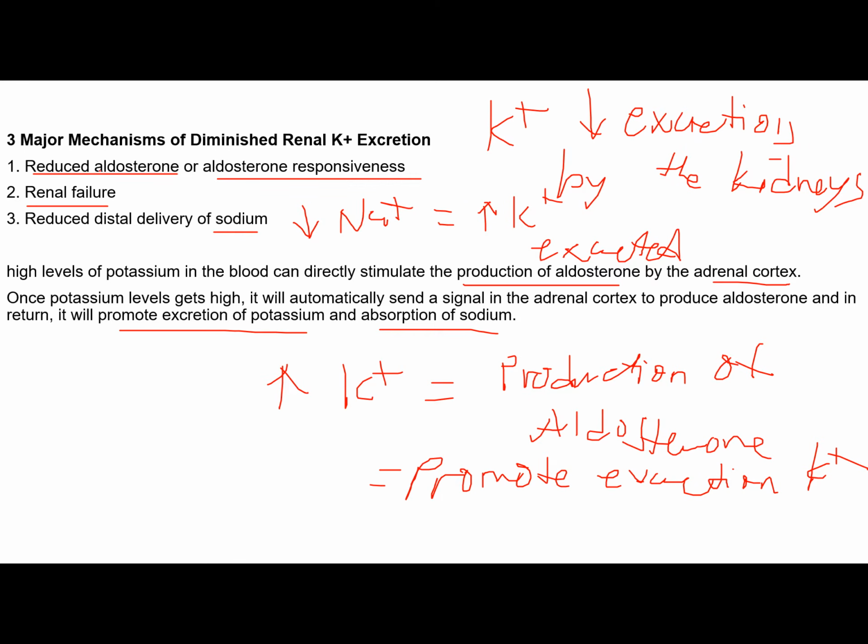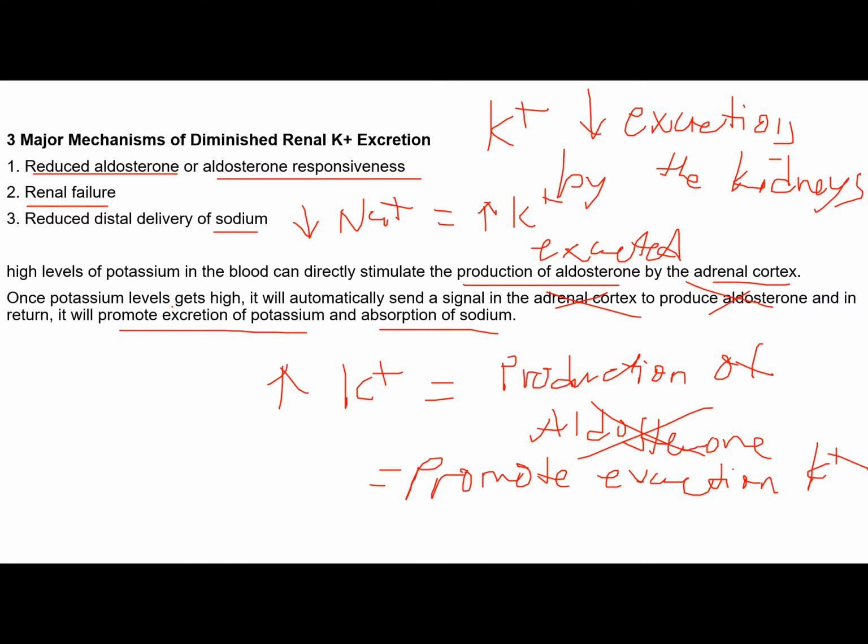But as mentioned here, if your aldosterone is reduced or not responding, let's say none is produced, your potassium is high. Let's say you have a high potassium in your body, the body sends a signal to the adrenal cortex to produce aldosterone. But sadly, there's a problem with your adrenal cortex. When you have a problem with your adrenal cortex, it will not be able to produce aldosterone.